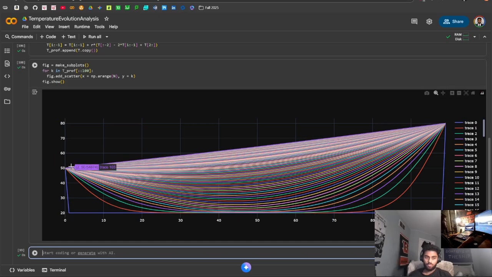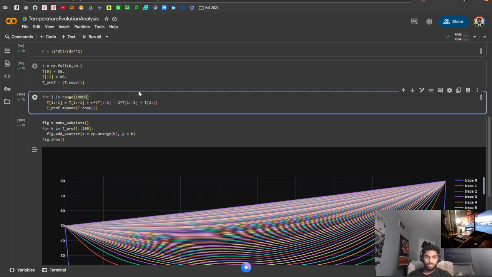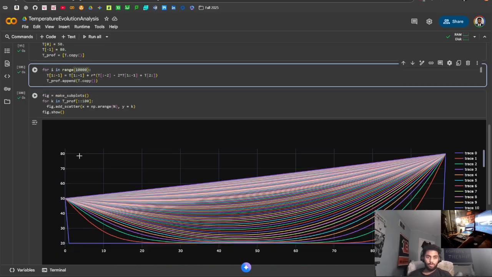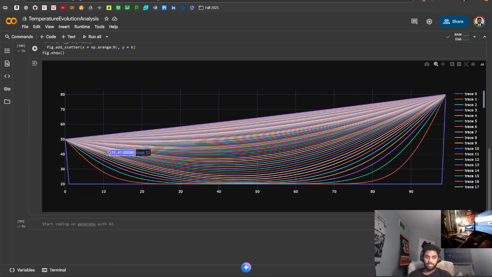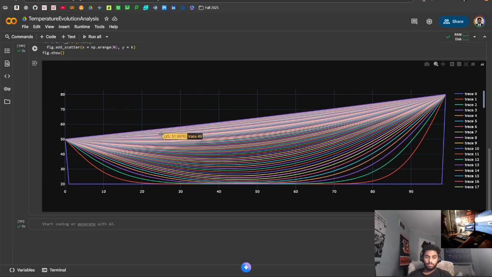It's about that straight line from position 0 to position 100. And we see that it's nearly a straight line as we trace along. So maybe we don't need 10,000. Maybe the real time that it hits steady state is somewhere less than that, but you know, not bad.